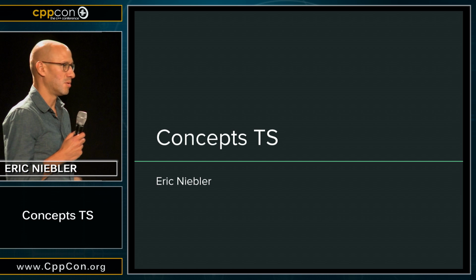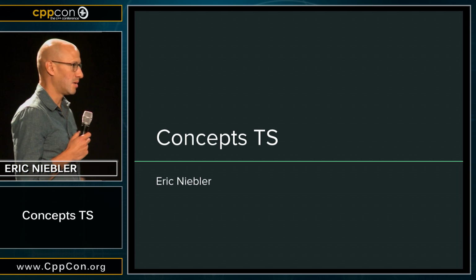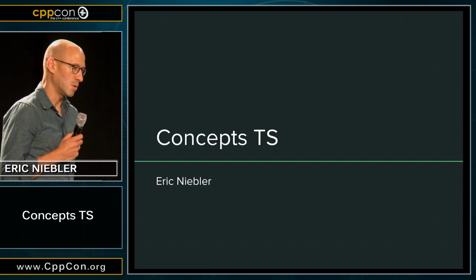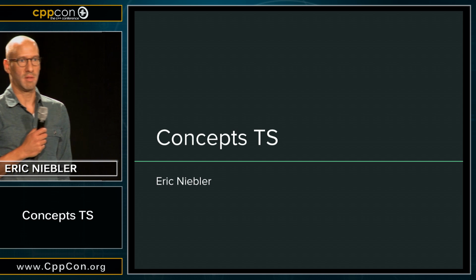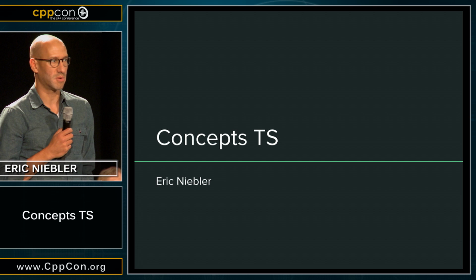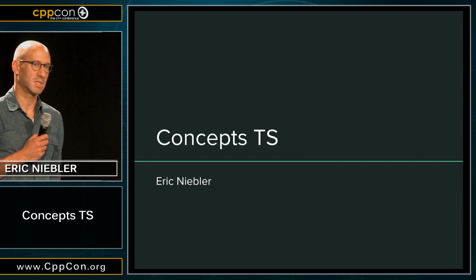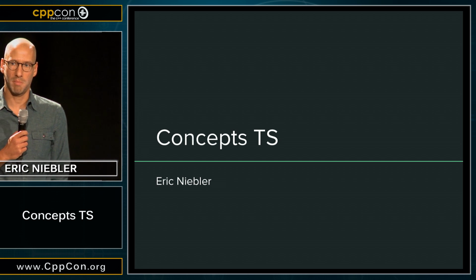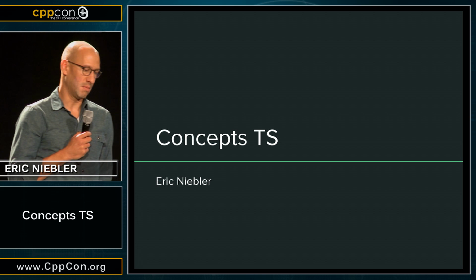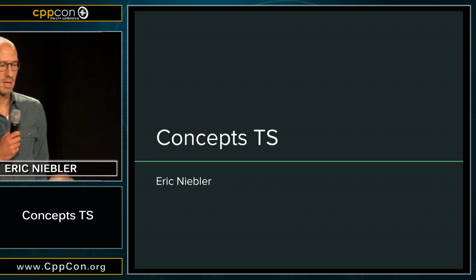Now, if you don't know what concepts are, none of that made any sense to you at all. So what I will say about concepts, the language feature, is that it is basically a type system for template arguments. The problem that it aims to solve is, first and foremost, very bad error messages that you get from the standard template library when you're passing invalid arguments, things that don't have the correct capabilities that the algorithm you're passing it to needs.